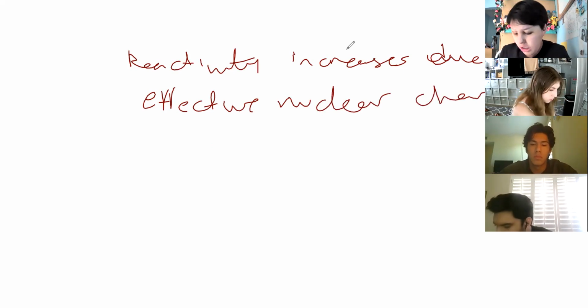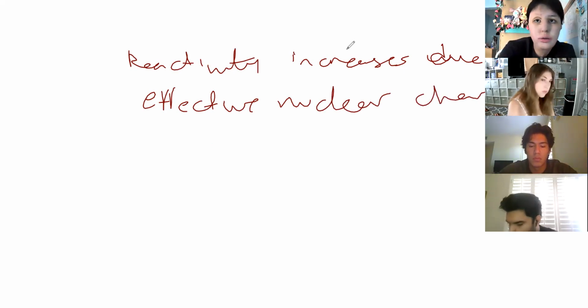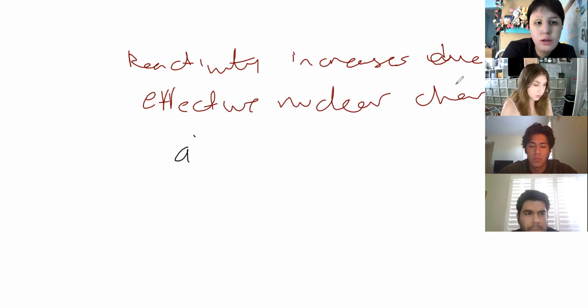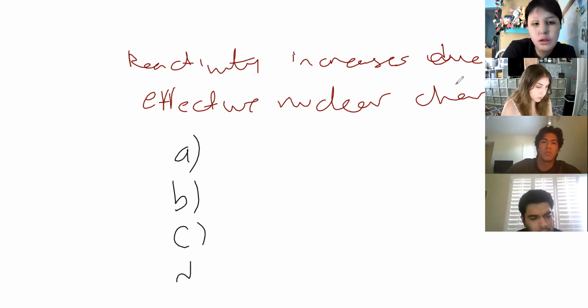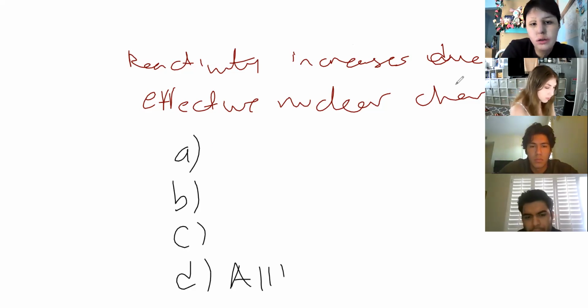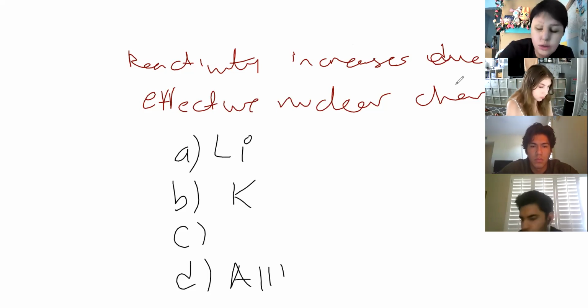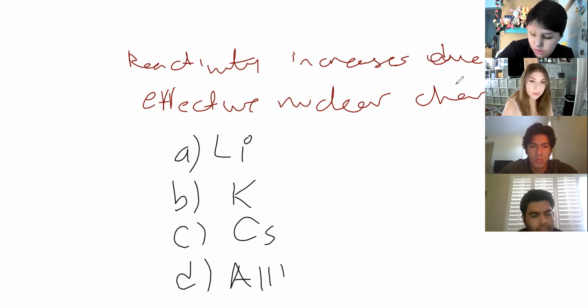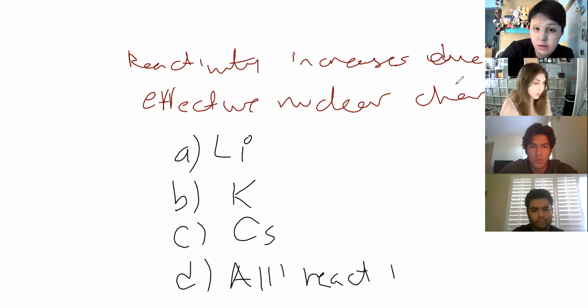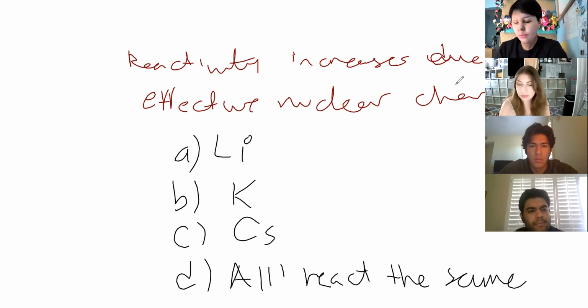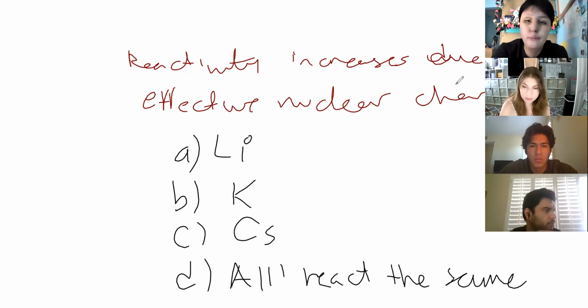Which of the following elements will react most violently with water? Okay, so we have A, B, C, D, and D is all of the above. All react the same. Lithium, potassium, and cesium all react the same.